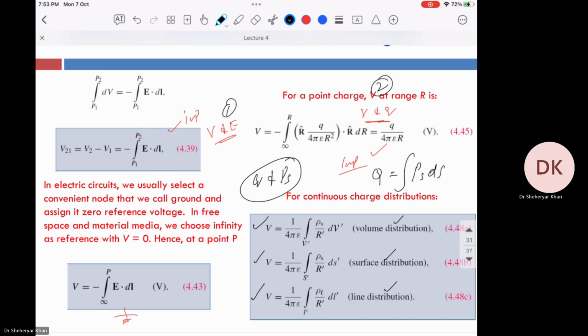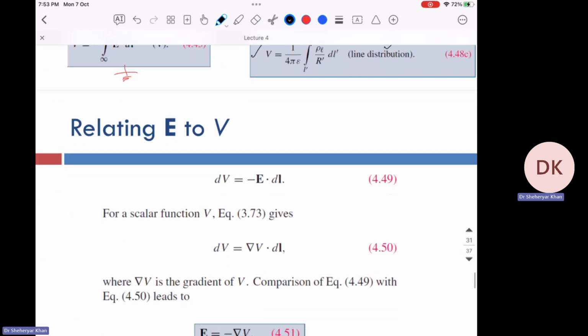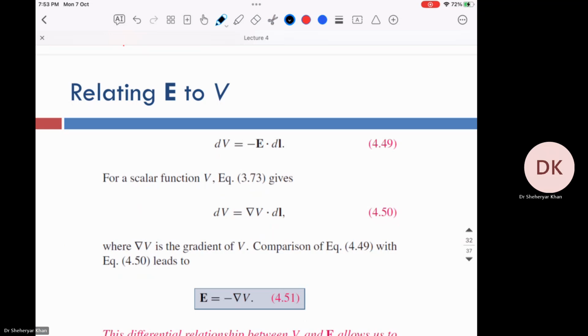Okay. Let's move to another important thing. Remember in our derivation of the gradient, dT was equal to del T dot dl, right?